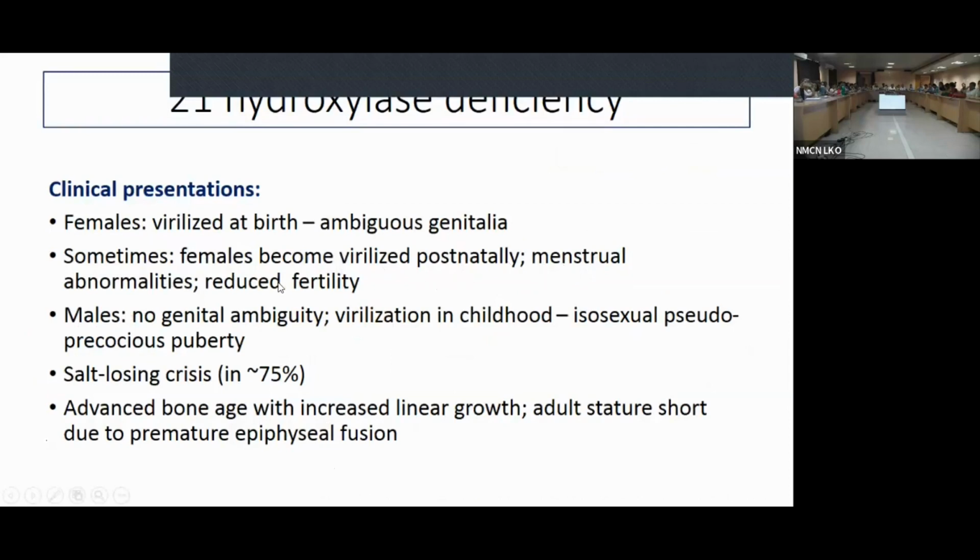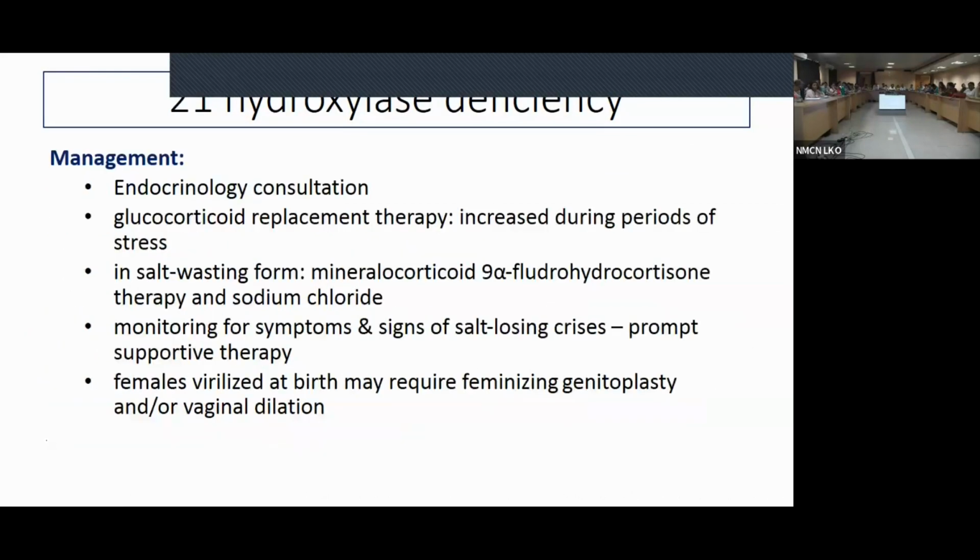They can have menstrual abnormalities and reduced fertility. In males, as I said before, there is no genital ambiguity, but they can have isosexual pseudo-precocious puberty. Also, salt-losing crisis is seen in about 75% of them, and many have advanced bone age with increased linear growth. But as adults, they tend to have short stature because of premature epiphyseal fusion.